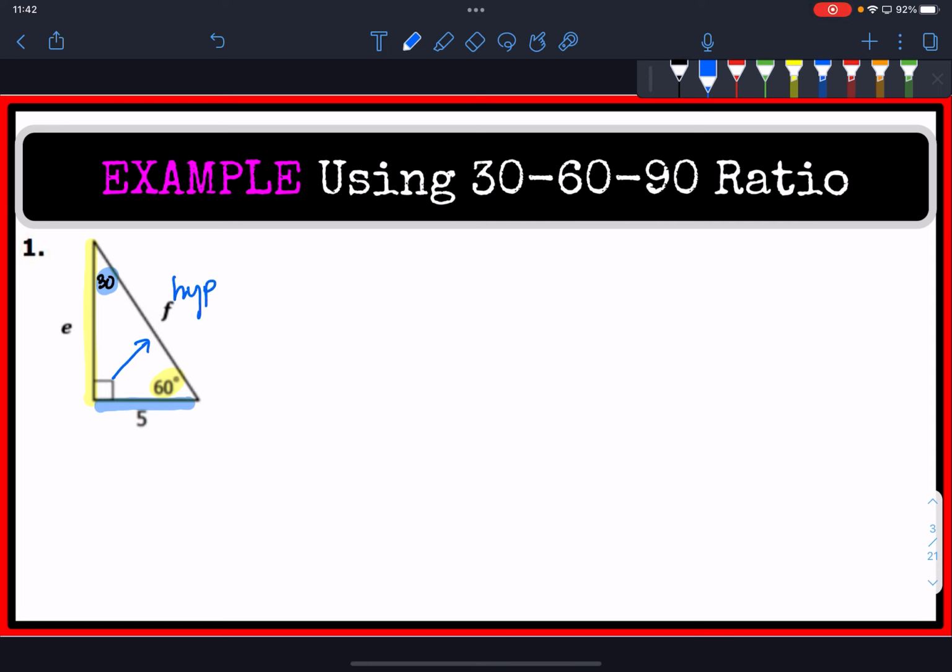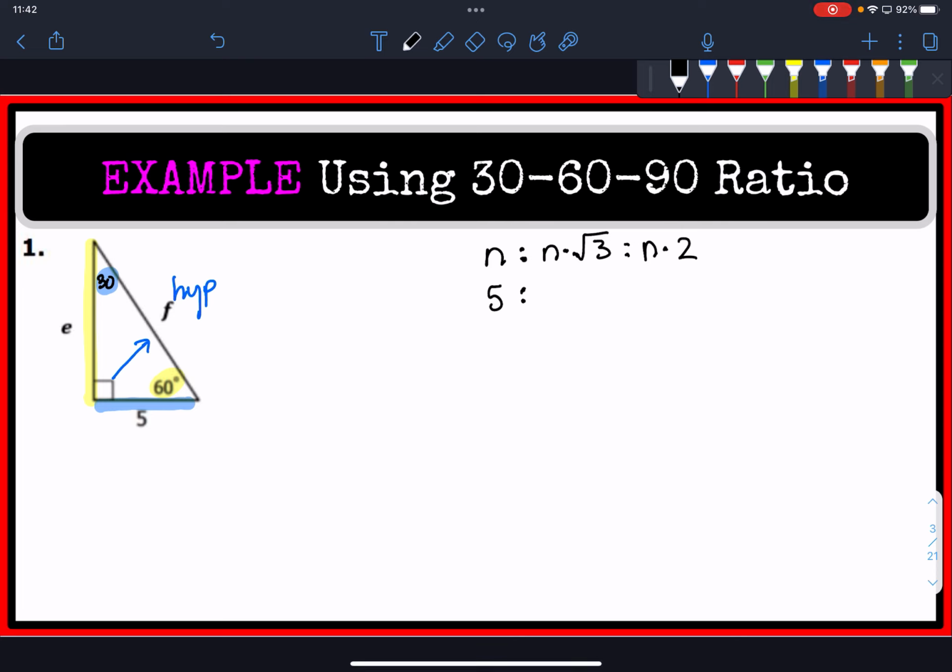So this is our hypotenuse. Since the ratio of our 30, 60, 90 triangle is n times the square root of 3 and n times 2, I know here that the value of n, the shortest leg, is going to be 5. So I know that this number right here is going to be 5.